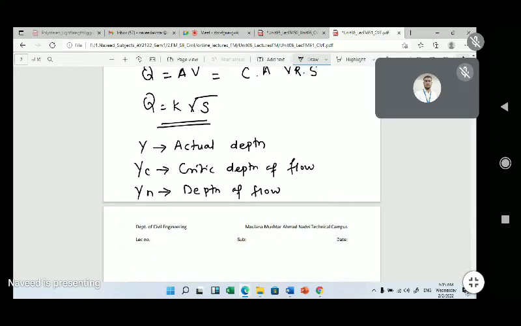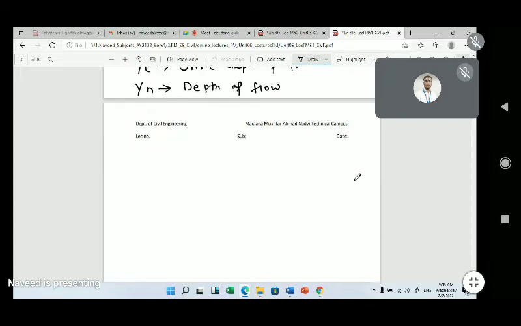So these three depths of flow we are considering here. If K is equal to Kn, it means that the slope S is equal to S0, where S0 is the slope of bed of channel.